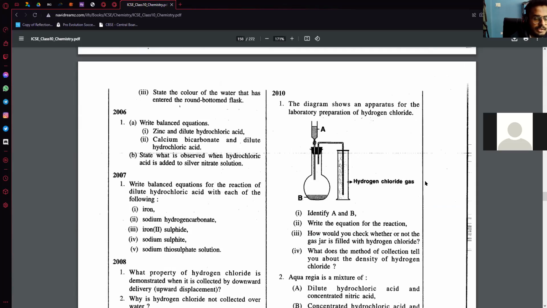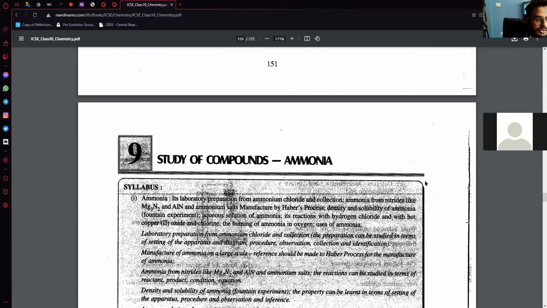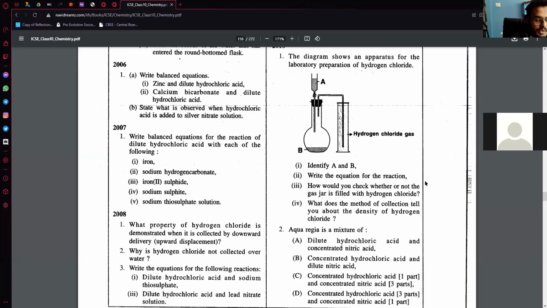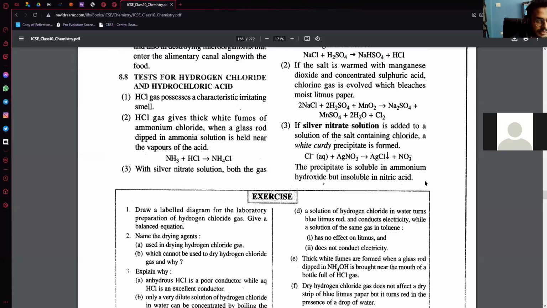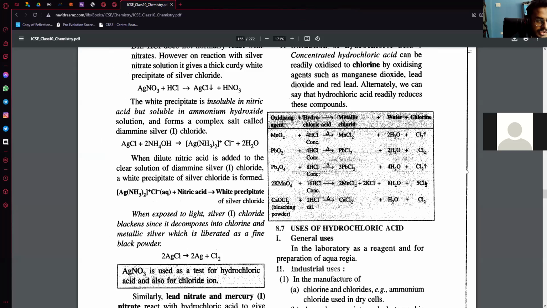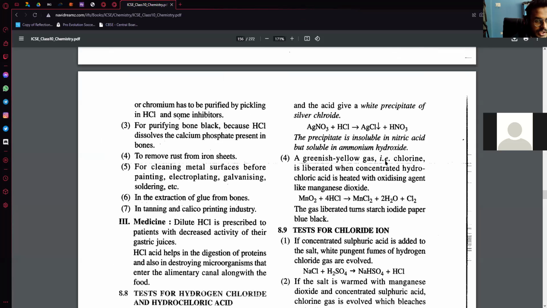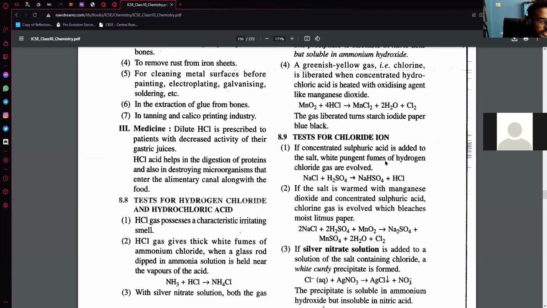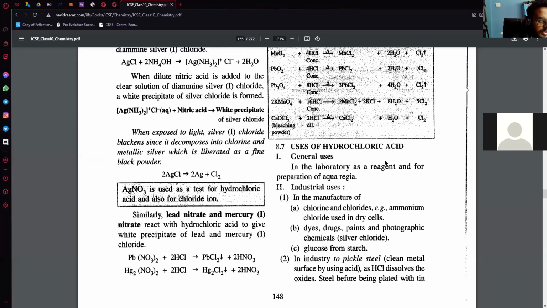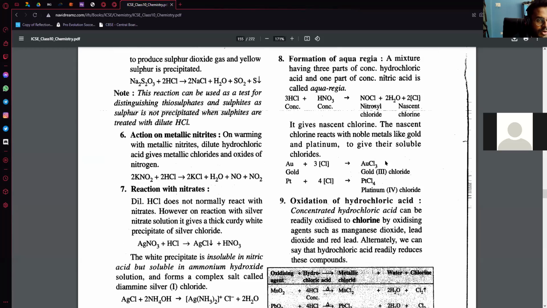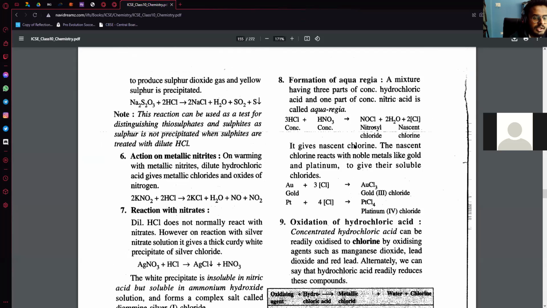So let's go for some ICSE questions here. I'll not solve them, I'll just go over aquaregia. Aquaregia is a mixture of 3 times concentrated HCl and one volume of concentrated HNO3 to give nitrosyl chloride, nascent chlorine, and H2O.